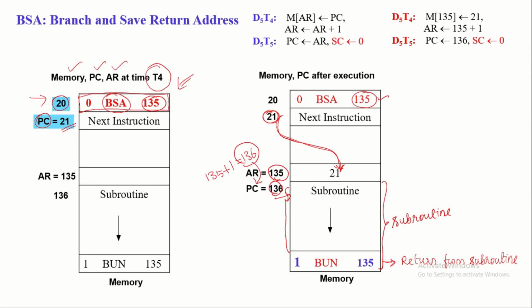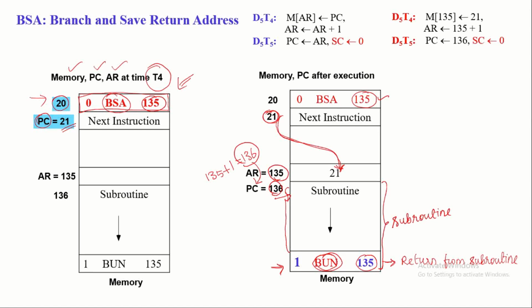When a return statement of the subroutine is executed, the control needs to be transferred from the subroutine to the main program. To achieve this, the instruction that performs the branch indirect operation needs to be executed. Here you can see this operation is performed when a return statement of the subroutine is met.